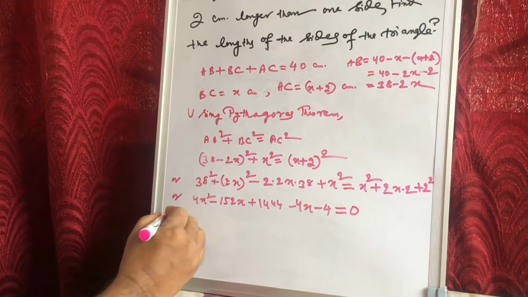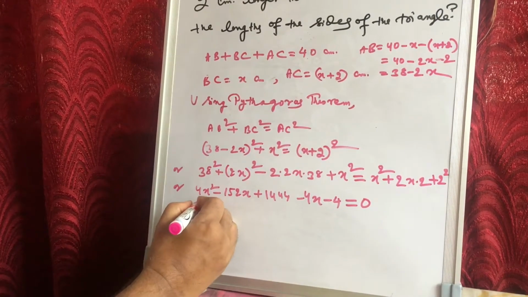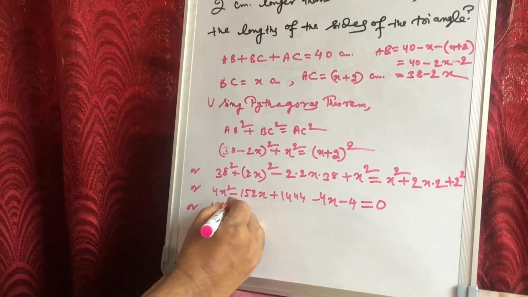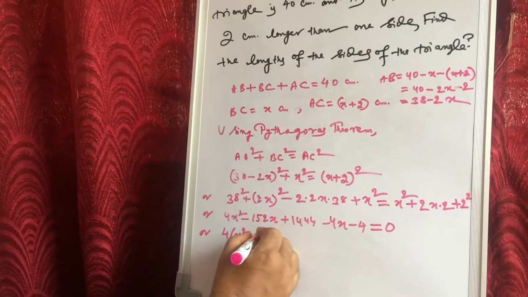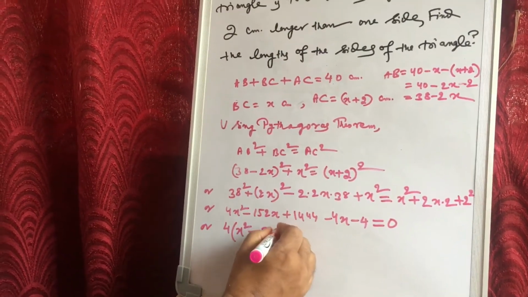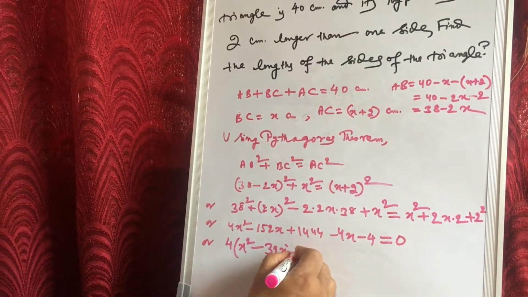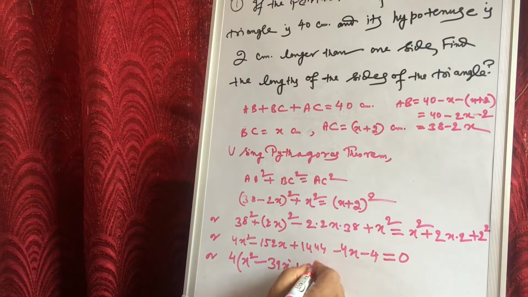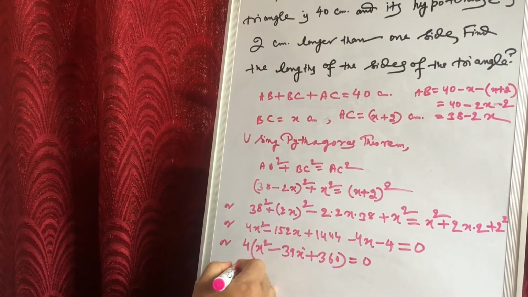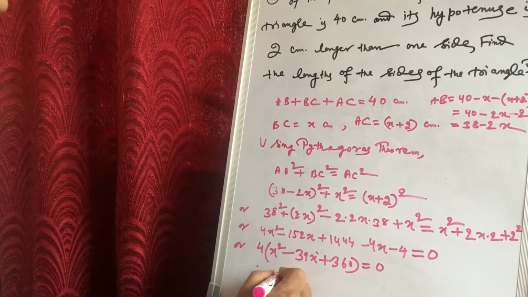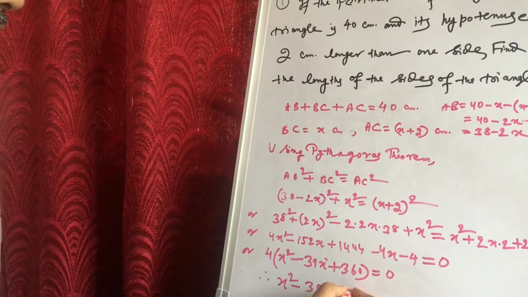Then taking 4 as common, it will be like this: x square minus 39x plus 360 is equal to 0.